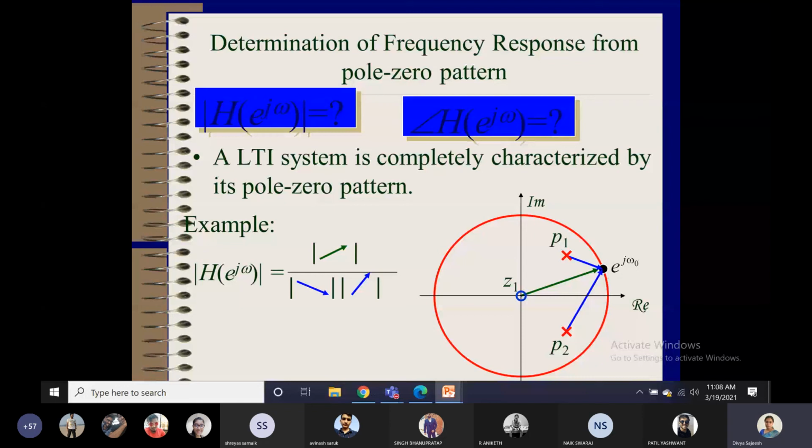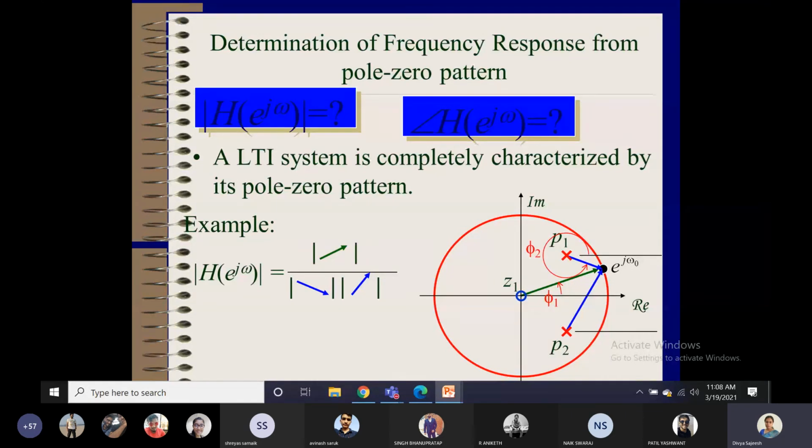The angles are measured with respect to the positive x-axis, the real axis, in the anti-clockwise direction: phi 1 for the zero, and phi 2 and phi 3 for poles P1 and P2.